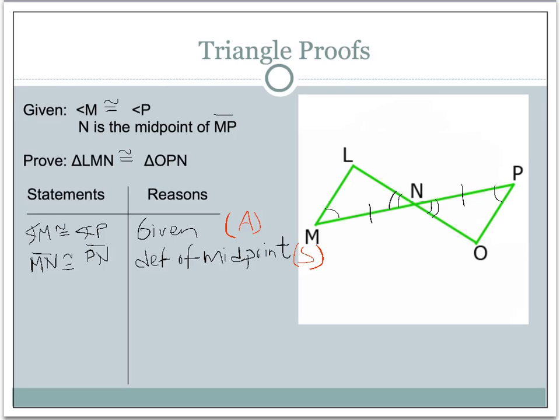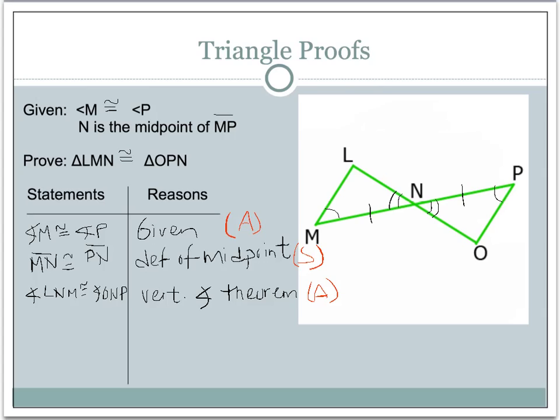Because N refers to two different angles, I have to list this out a little bit differently. So I'm going to say angle LNM is congruent to angle ONP, and the reason is by the vertical angle theorem. We've seen that one before, and that is our other angle.